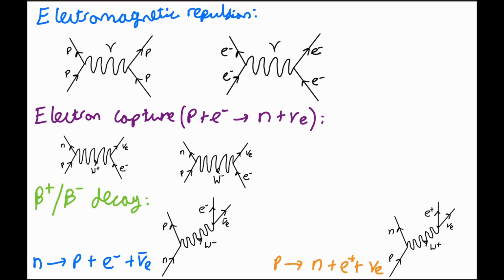Now let's look at beta plus and beta minus decay. So we have beta minus decay over here, where a neutron turns into a proton and releases an electron plus an antineutrino, or anti-electron neutrino.